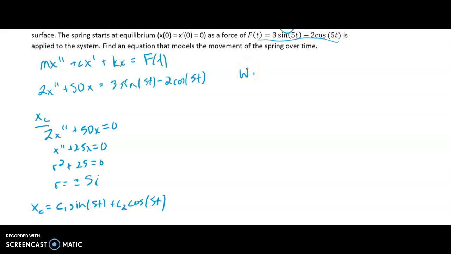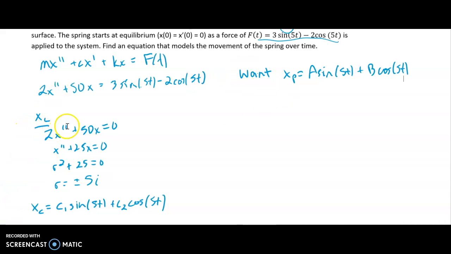I want to use xp equal to capital A sine of 5t plus capital B cosine of 5t. But that's not going to work.